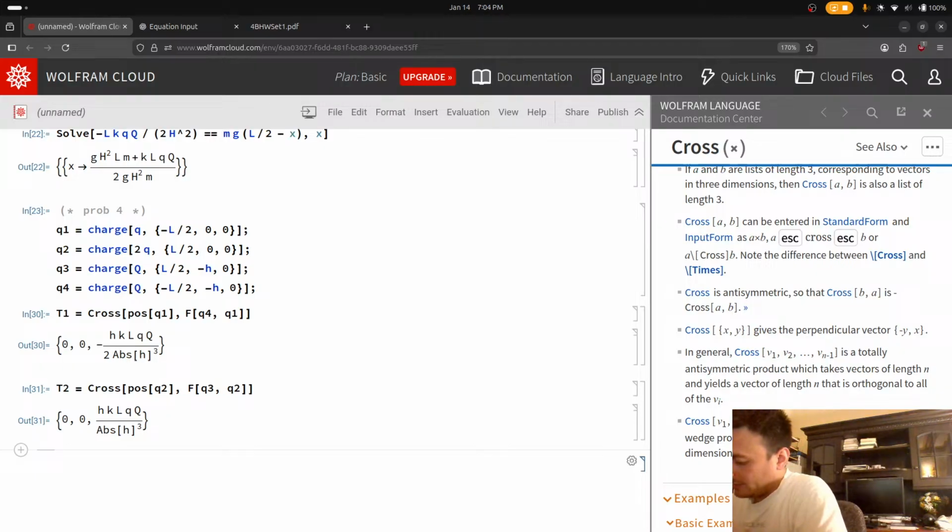I'm just going to write these out because they're so basic. Now the position of the right is just (L over 2, 0, 0), with norm L over 2. So we have all of the positions. Now we need the forces.